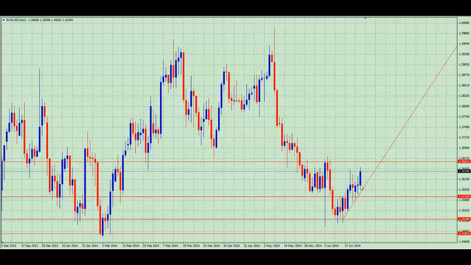So the fact that news has now pushed it with momentum up towards this area of resistance is probably a positive sign, and then we might see some reversals, especially as people come into this area and sell to take the profits that they've made from their longs.